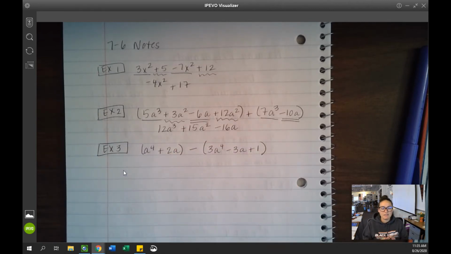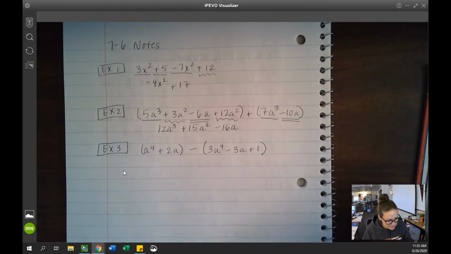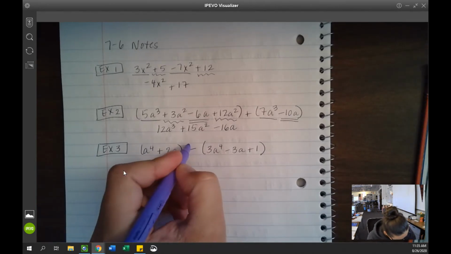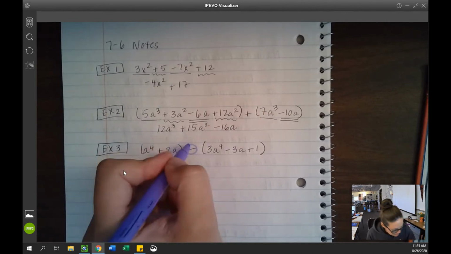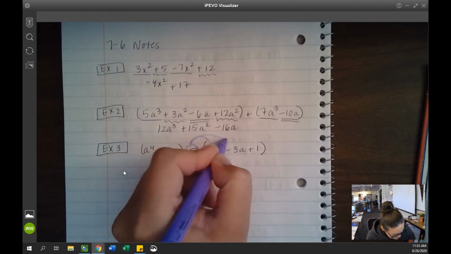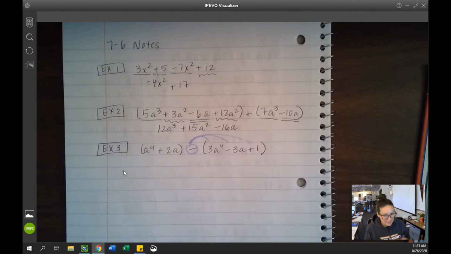You have to be very careful on these ones. Did you hear me? You have to be very careful because this minus sign, this guy right here, means that we are subtracting every single term in the parentheses after it.